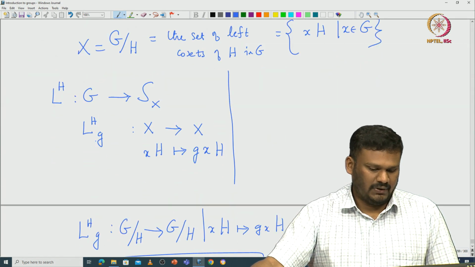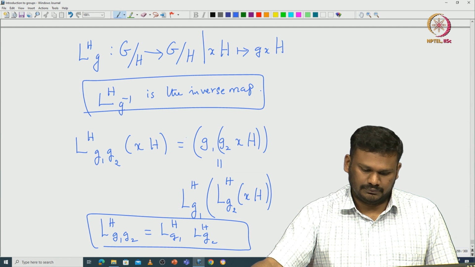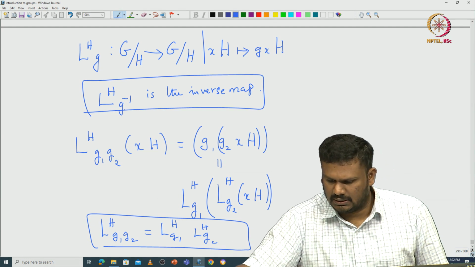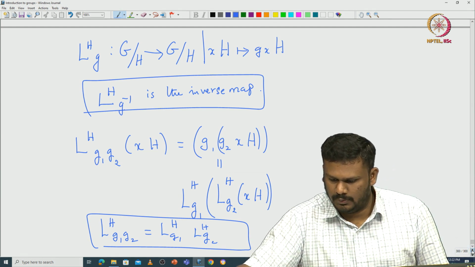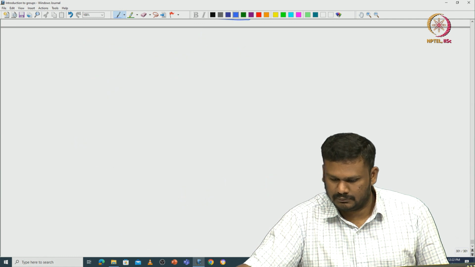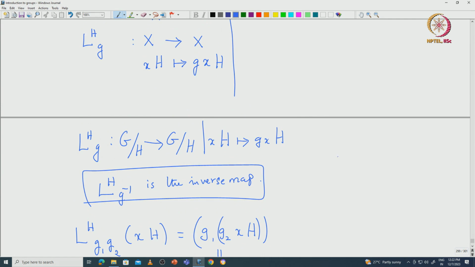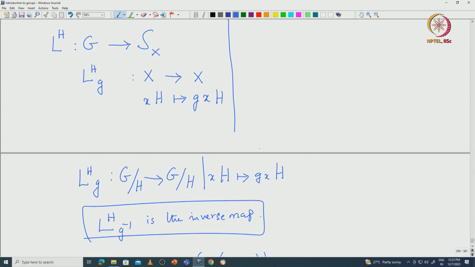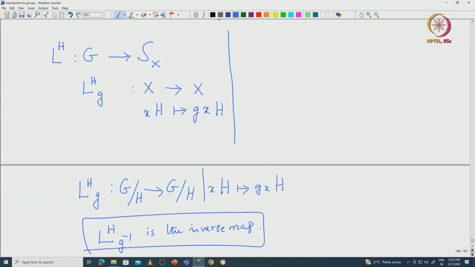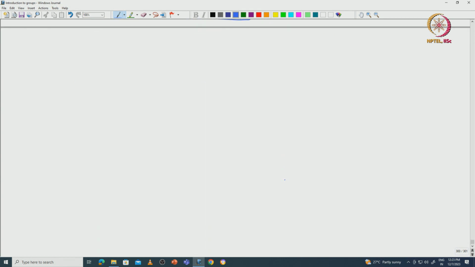Okay, so I end with one final example, which again uses a subgroup. So here we used the left multiplication on the left cosets. Similar to this, we can use the conjugation on all possible conjugates of H. Okay, so here is example 7.